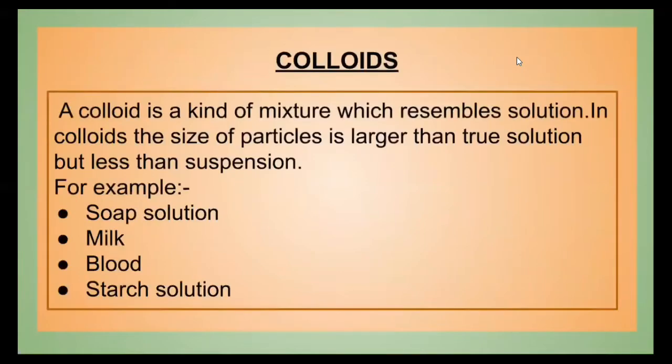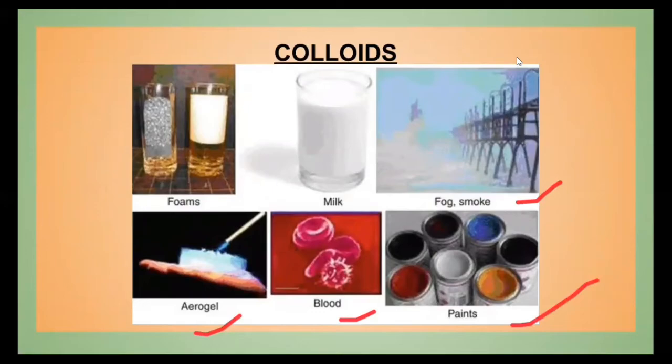Now, let's see the definition of colloid. It is a kind of mixture which resembles solution. In colloids, the size of particles is larger than in a true solution but less than in a suspension. The examples are soap solution, milk, blood, and starch solution. All of these are examples of colloids.